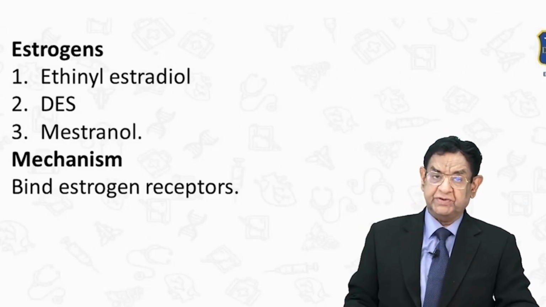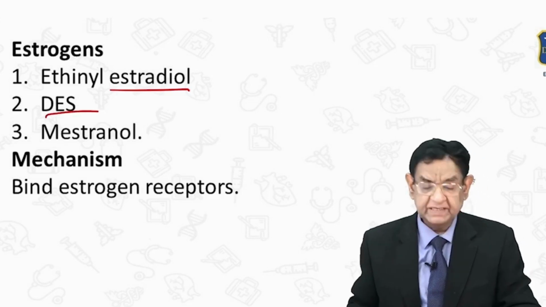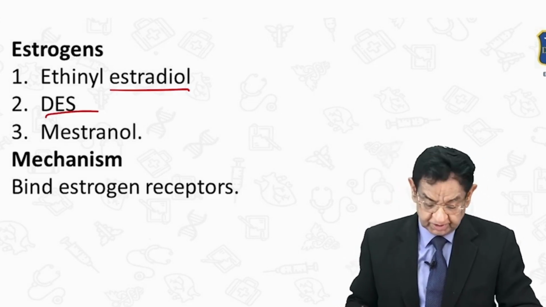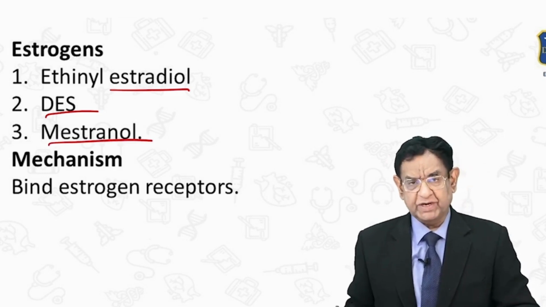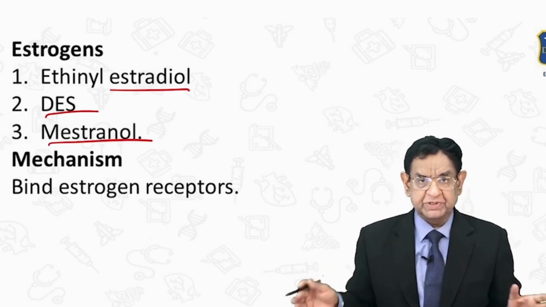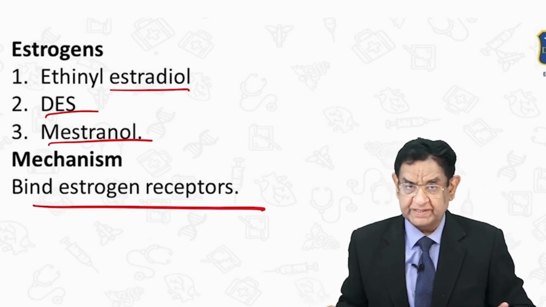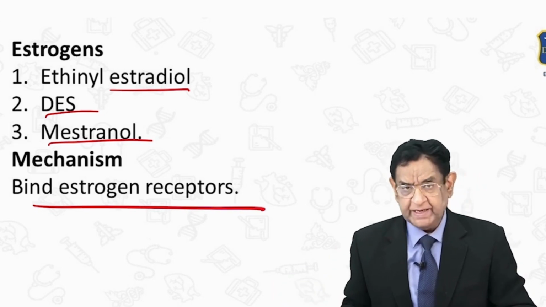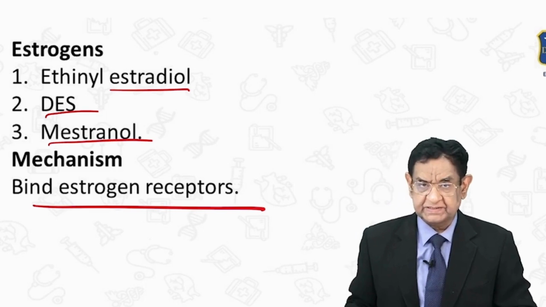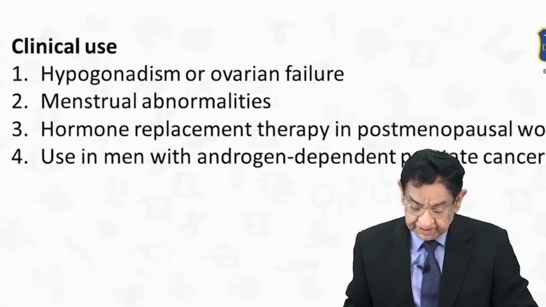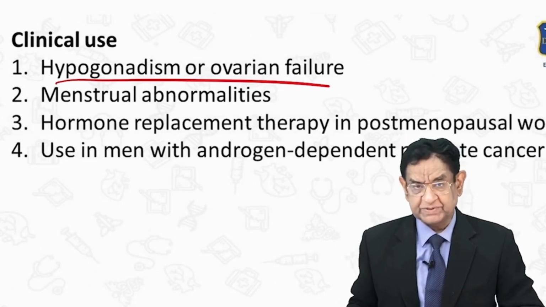Estrogens, various estrogens we use like ethinyl estradiol, DES (diethylstilbestrol), mestranol. It is very obvious how they are going to act since they are estrogens. They definitely act on the estrogen receptor, as the name goes. We use them in ovarian failure or wherever hypogonadism is there.